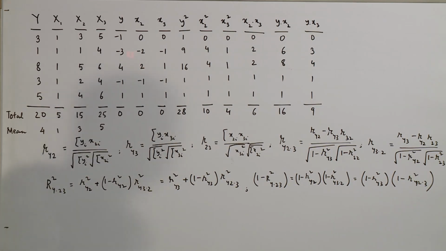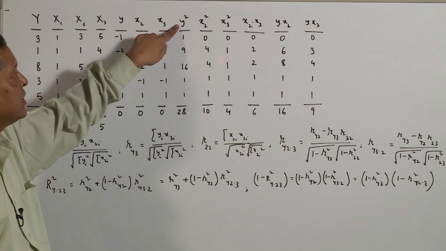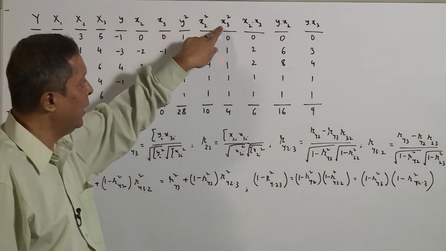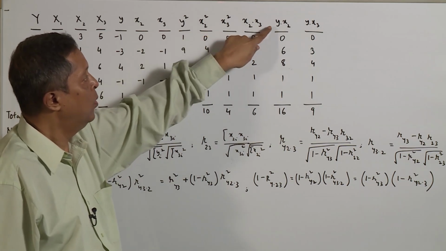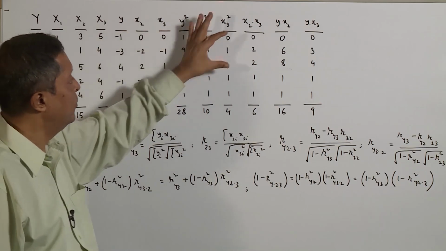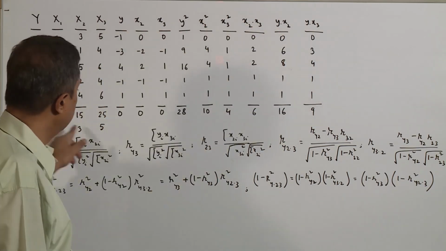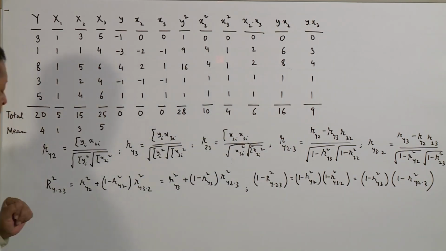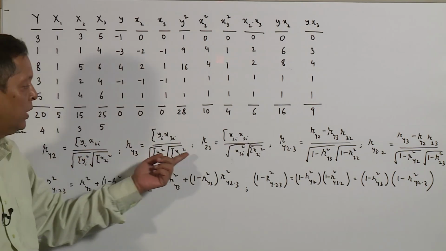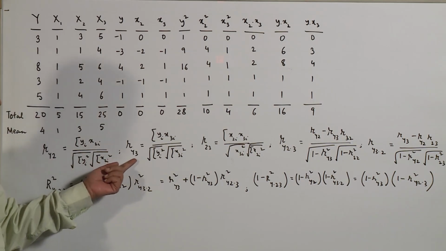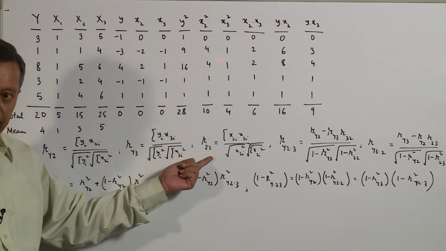And then we need these values: y square, x2 square, x3 square, x2 x3, y x2 and y x3. From the variables in deviation form we compute these values, and the summations are all given in this row. Next, we recall the formula for simple correlation coefficients between y and x2, y and x3 and x2 and x3.